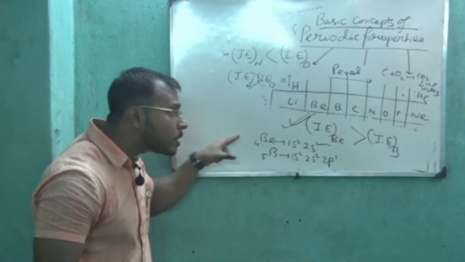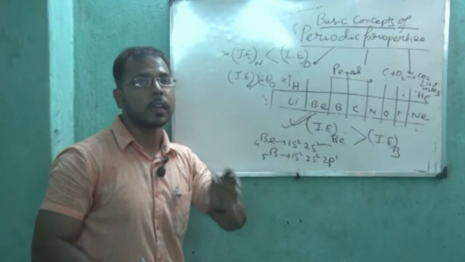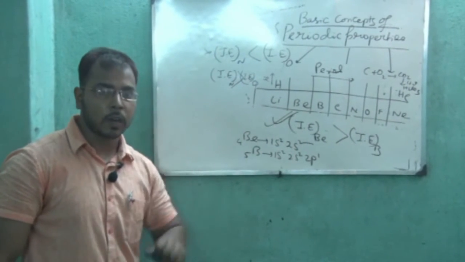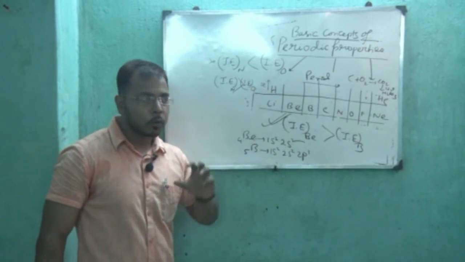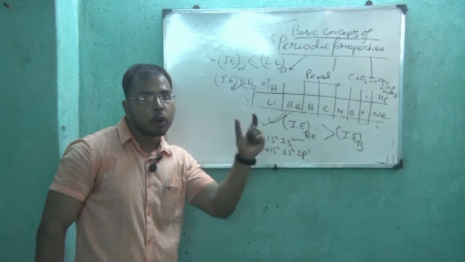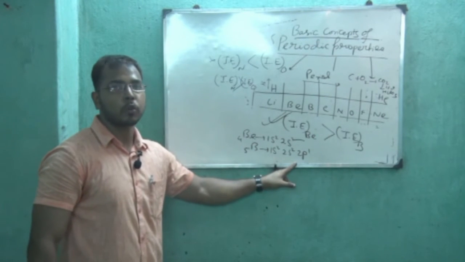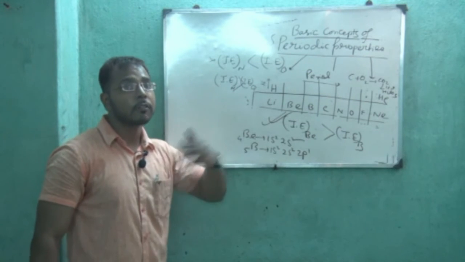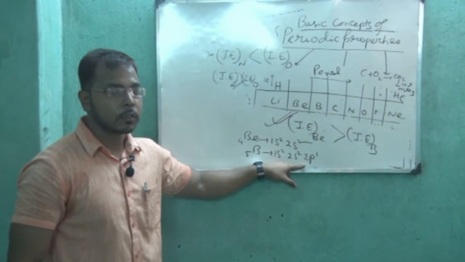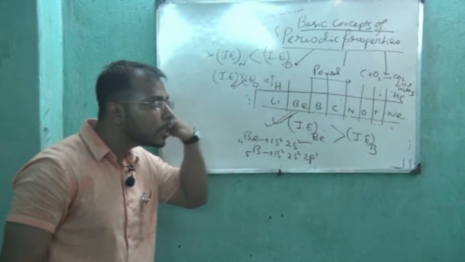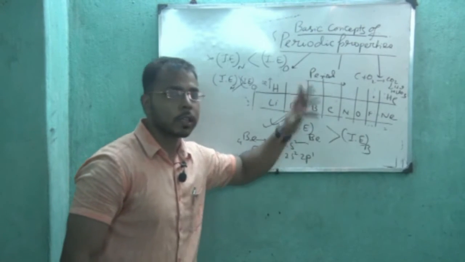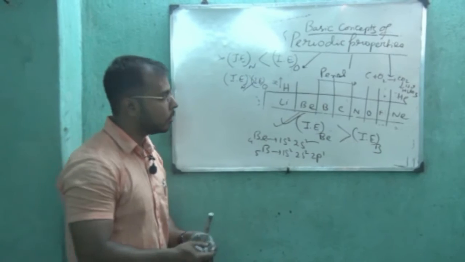But as beryllium is full filled, it does not have a tendency to remove any electron from this orbital. This is one reason. The next point you can also add is that the 2s orbital is much closer to the nucleus than the 2p orbital. So it is very difficult to remove an electron from 2s rather than 2p. So beryllium has less tendency to remove electrons. That is why the ionization energy of beryllium is more than that of boron. Okay.